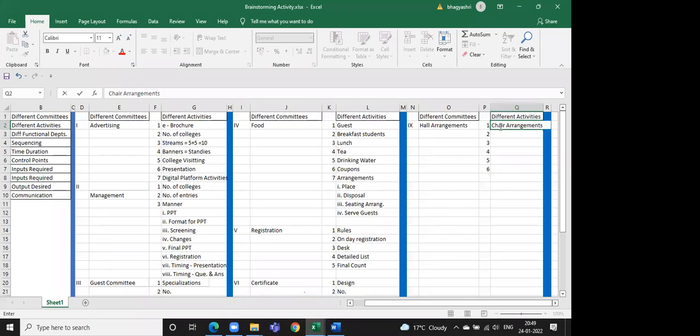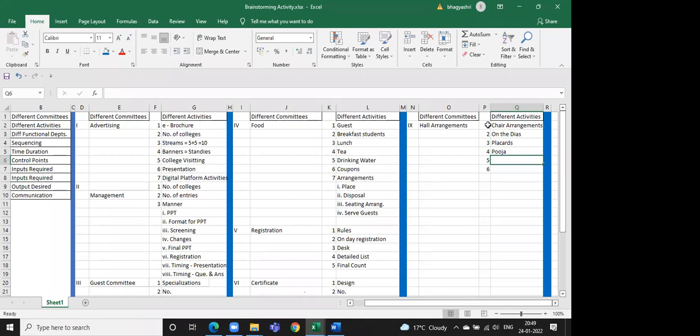Chair arrangements on the dais, the number of chairs and tables. Then placards on the table to identify the guests, for example Mr. So-and-so, senior manager of so-and-so company. Then a small puja, Saraswati Puja or Ganesh Puja, conducted before we start the competitions.